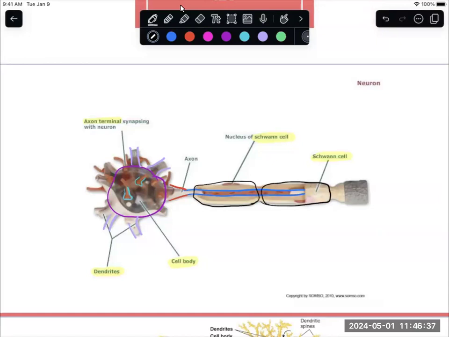So how could I ask questions based off of this? Because these two cells here make up the same thing. So the way I could ask this would be, what cell makes up this myelin sheath here? Or I could say, what is this that's helping to insulate this axon of this nerve cell?